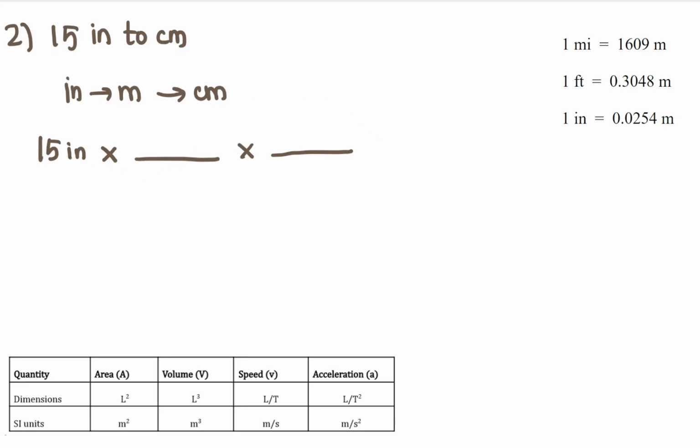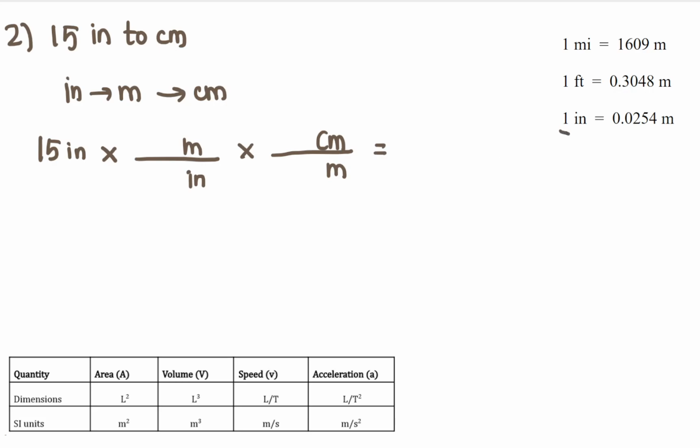And so, once again, in the numerator goes the unit that we want, which is meters, and inches goes in the denominator. Here, centimeters goes in the numerator and meters goes in the denominator.